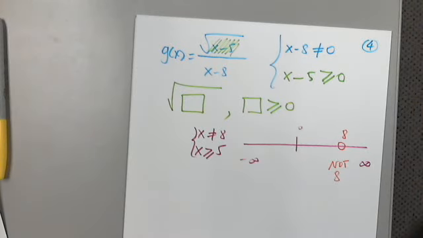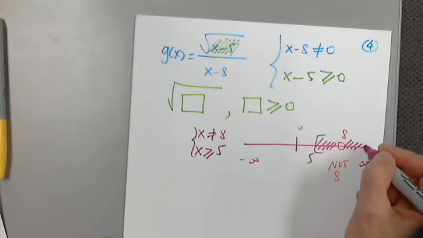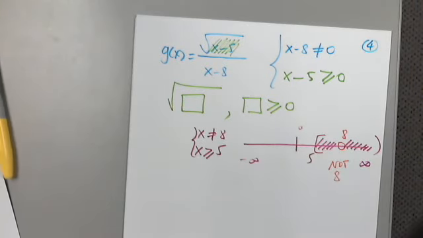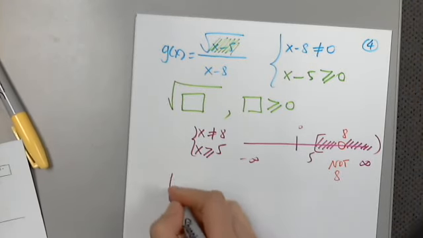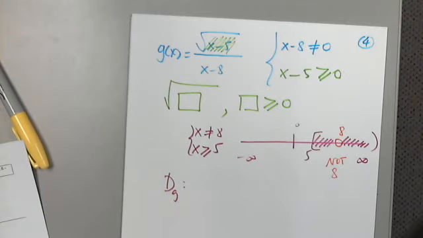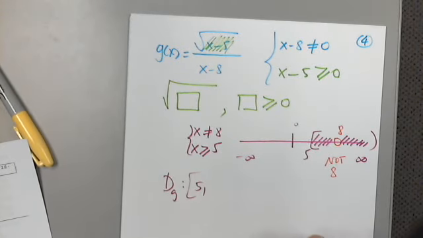The second one says anything to the right of 5, 5 to infinity. So then, what is the domain of function g? Very good.